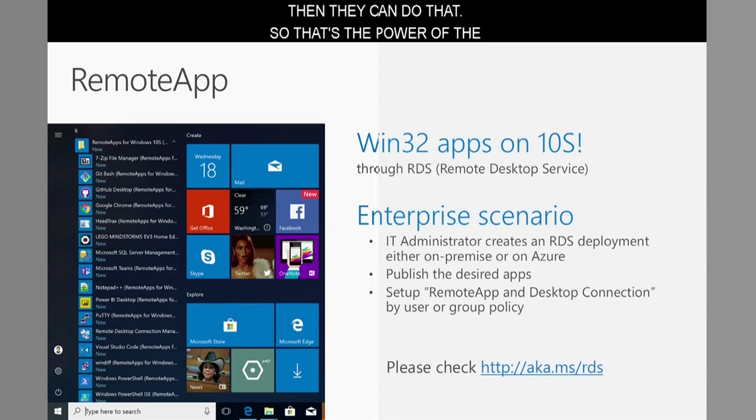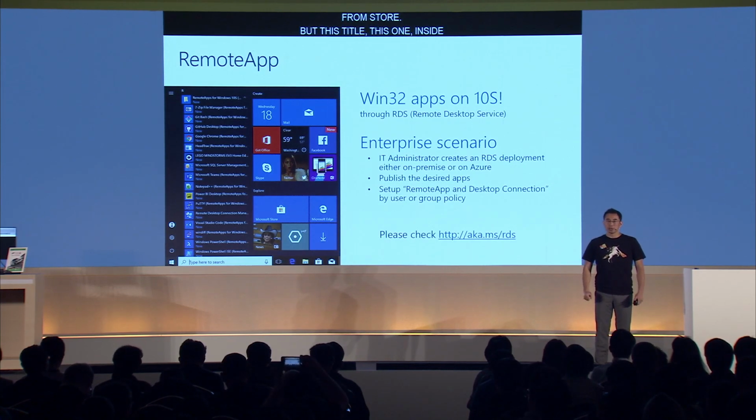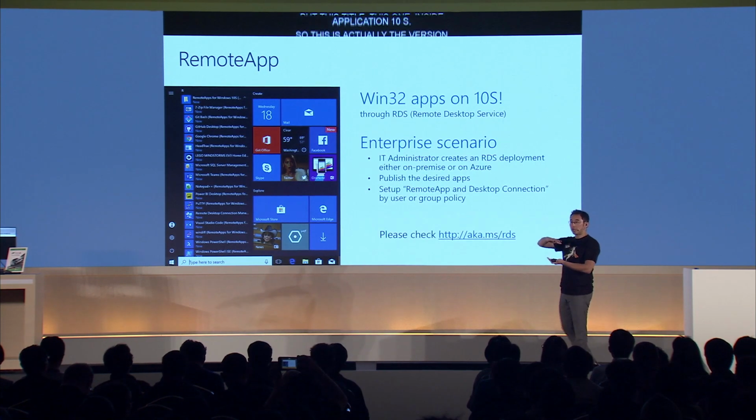I also want to explain an interesting topic, which is remote applications. I keep explaining that every application should come from the Store, but this one shows a Win32 application on 10 S. This is actually virtualization technology, using Remote Desktop Services. Remote Desktop Services is basically virtualization on the 10 S system, with access to the server, and the application runs on the server side.